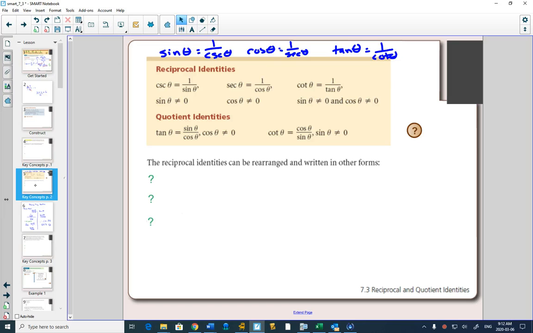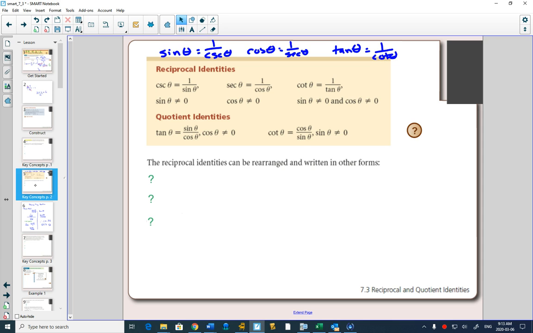Well, I can change tan to 1 over cotangent, but I also can change tan to sine over cos. I can change cotangent to cos over sine, secant to 1 over cos, cosecant to 1 over sine. If you change both sides to cos and sine, and you get both sides to be a single fraction, there's a good chance that they're going to equal in the end. So that is your first strategy hint for these.